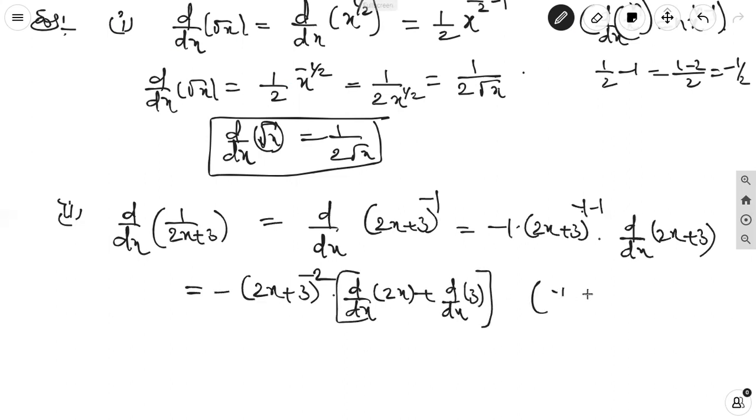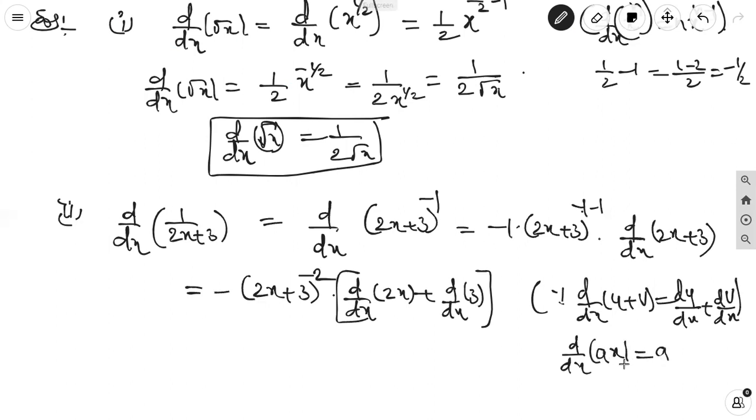It is in the form of derivative of u plus v equals du by dx plus dv by dx. And we know that d by dx of ax equals a, since the x derivative is 1, and d by dx of a constant is 0.